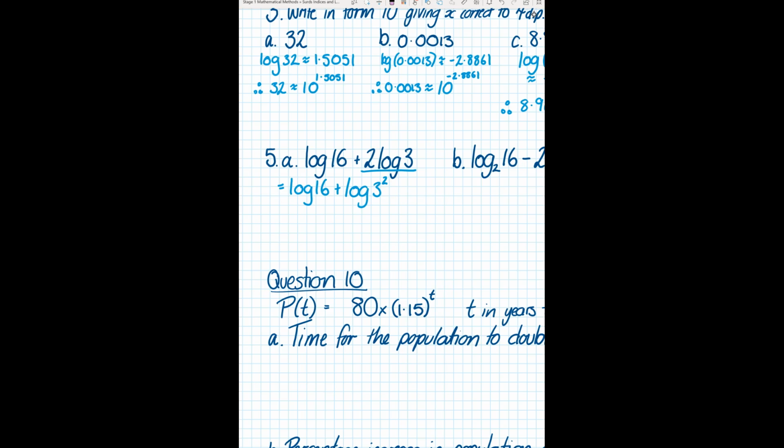So that's log 16 plus log of 9. And remember, when we're adding, we go up the complexity. So that's the same as the log of 16 times 9, which is equal to the log of 144.